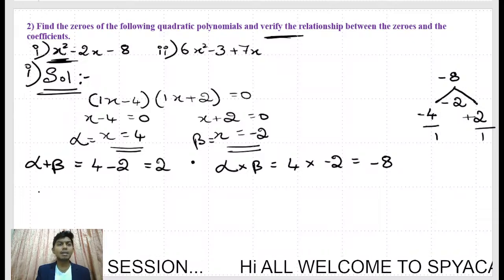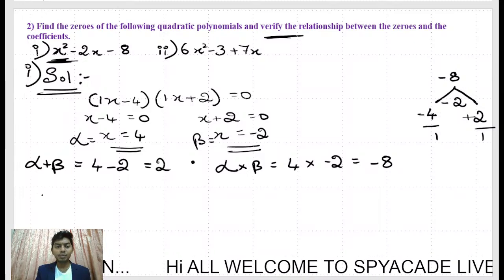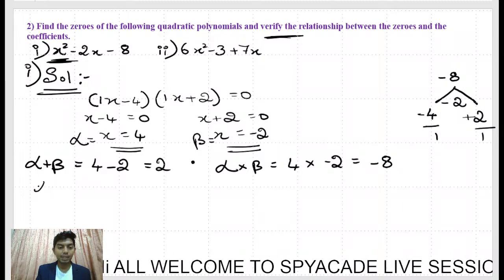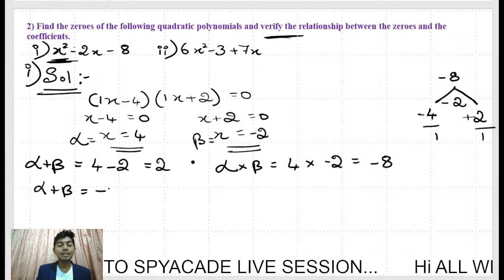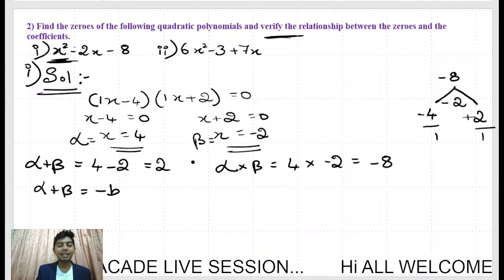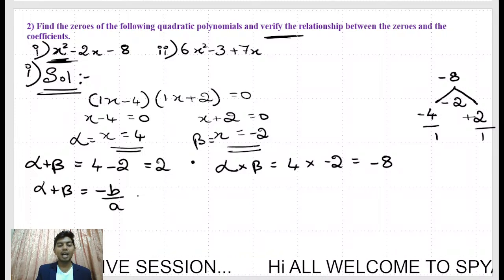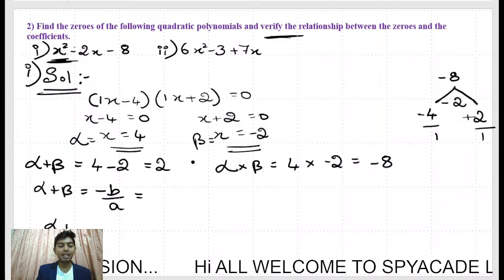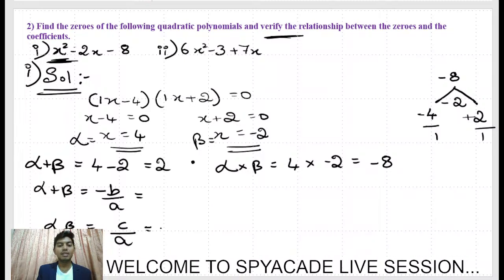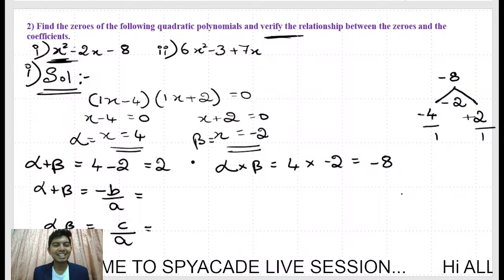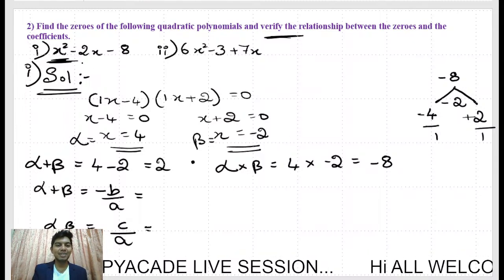What is the formula for the sum of the zeros? Anyone? Put it in the chat box. Alpha plus beta is equal to minus b by a. Very good. And then alpha into beta is equal to c by a. Sir, what is a, b, c? Yeah, we will get these from this question.